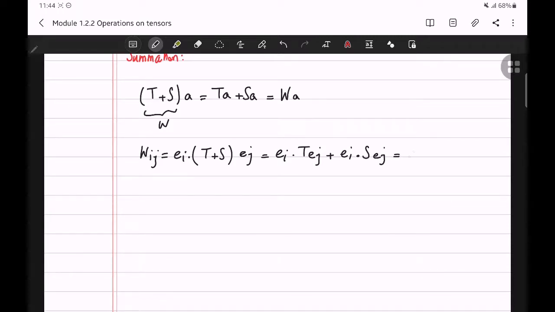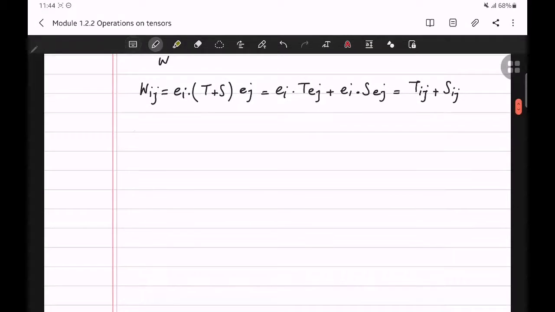And this is nothing but Tij plus Sij. All right, and in matrix form, I can write W is equal to T plus S.